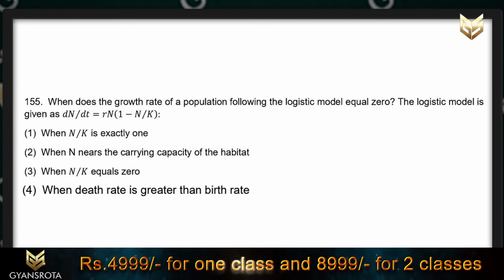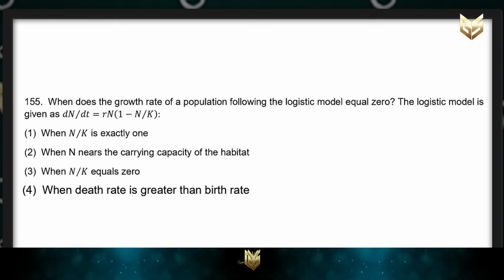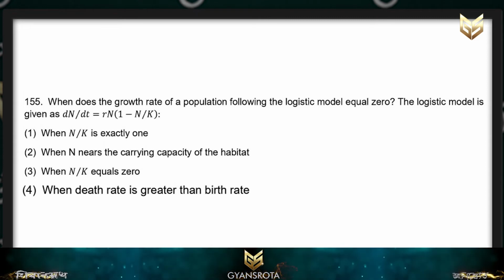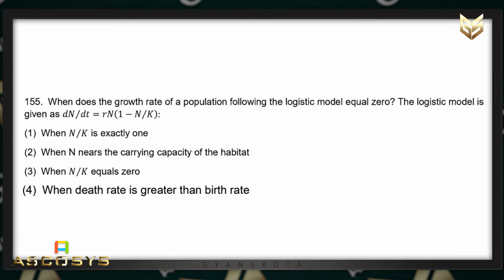First option is when N divided by K is exactly 1. Second option is when N nears the carrying capacity of the habitat, and third is when N divided by K equals 0, and fourth option is when the death rate is greater than the birth rate.